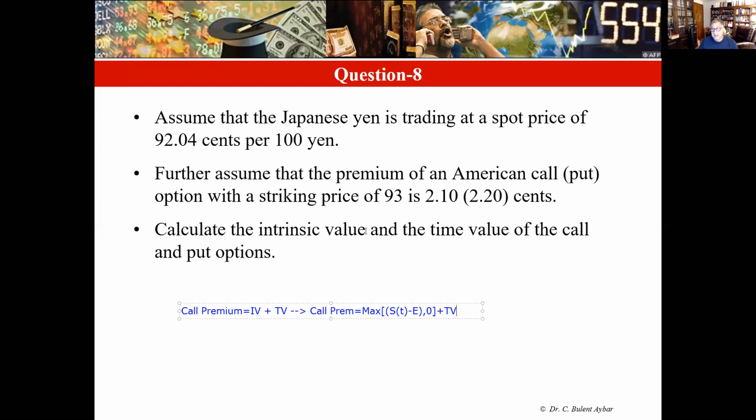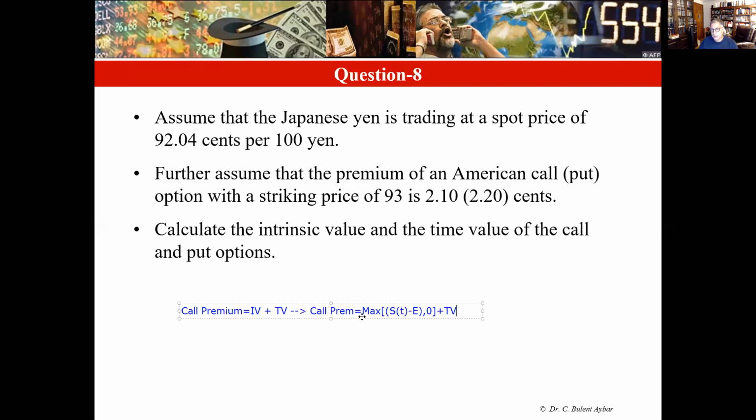Well, for a call option, when the spot price is less than the strike price, the intrinsic value is actually 0, because this part is going to turn out to be negative, and between a negative number and 0, the maximum is going to be 0.